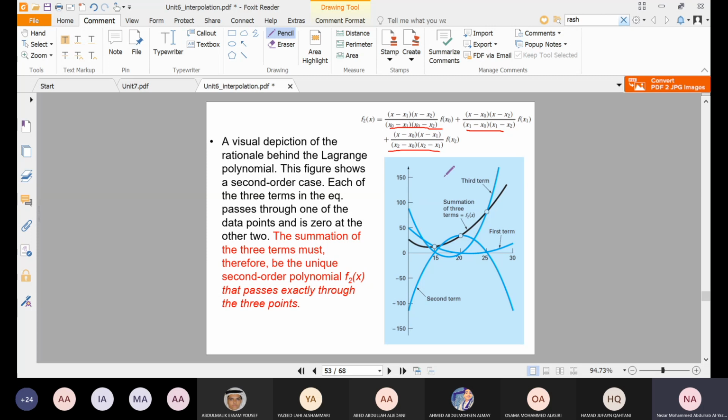So if we sum them, we get one polynomial that will connect all the data. Okay, so this is the idea of this interpolation polynomial. The summation of the 3 terms must therefore be a unique second order polynomial that passes exactly through the 3 points that we have.